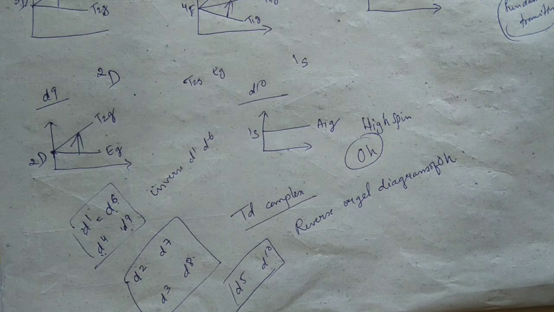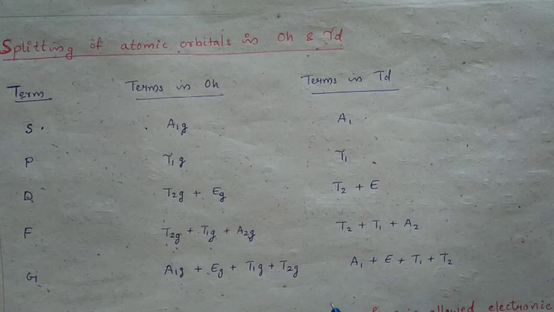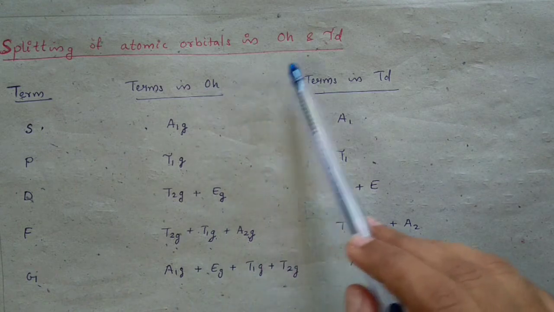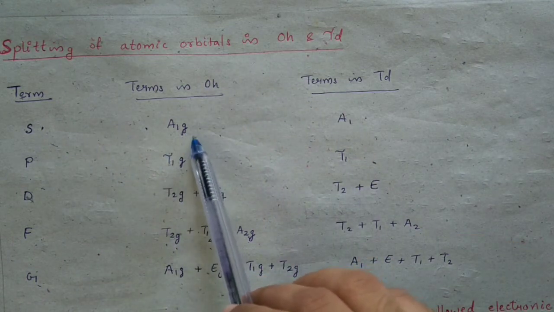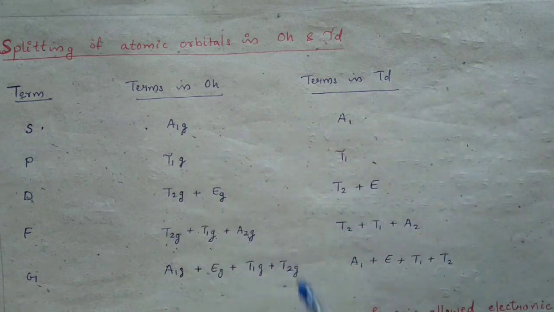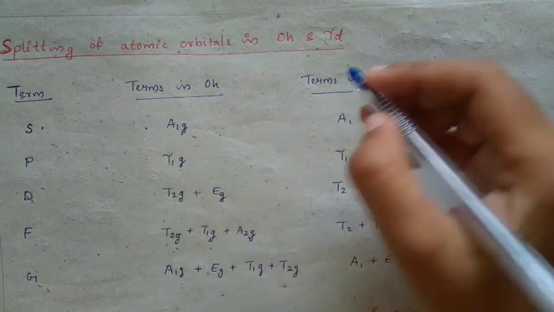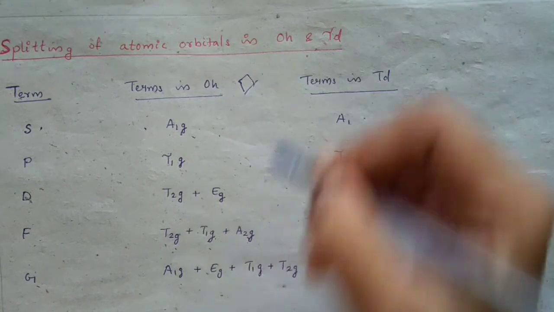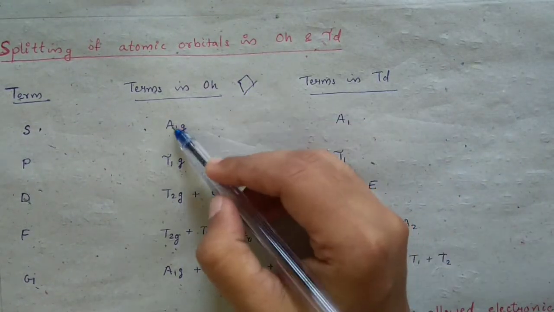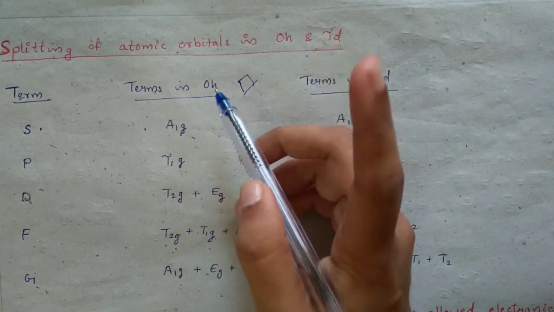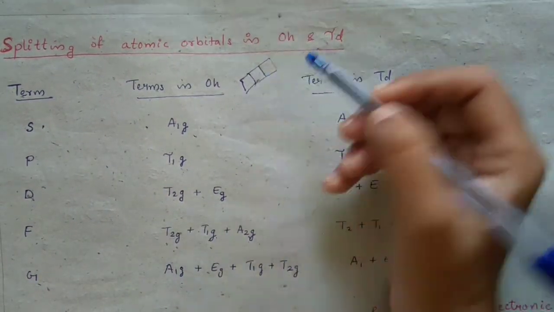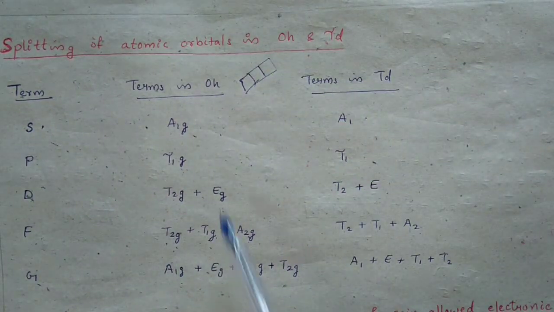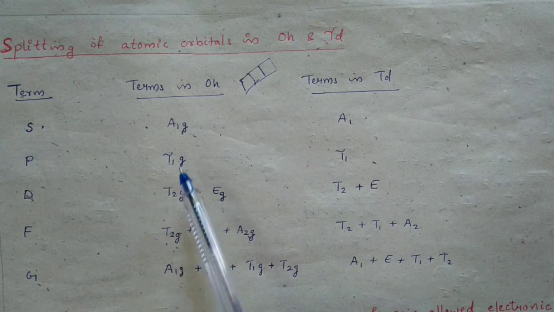Today we discussed the splitting of atomic orbitals in octahedral and tetrahedral fields. For the S term the splitting is A1g. It is very simple to calculate: for S only one orbital, so A1g has value 1. P has 3 orbitals, so T1g, triply degenerate, 3.